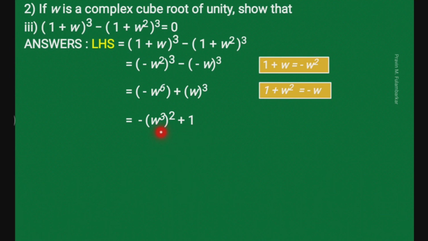Now again here we have to replace this omega cube by 1. So this minus sign is before this bracket, so don't make square of that minus sign. So keep minus sign as it is. So we get here 1 square, which is 1. So this minus sign we write for that 1. So we write minus 1 plus 1. We get here 0, which is RHS.